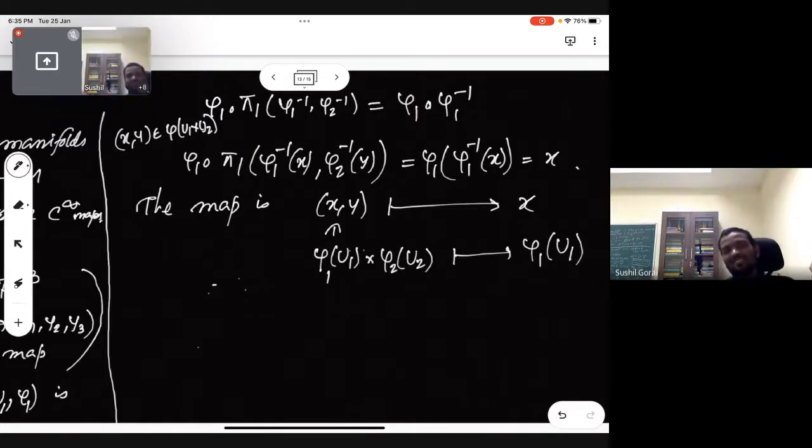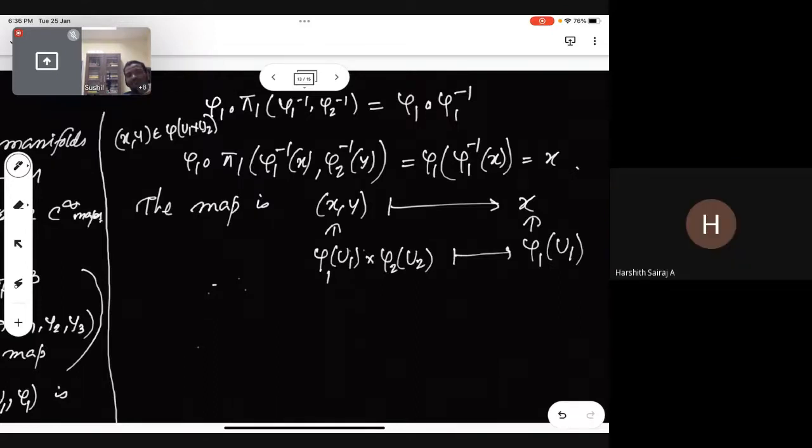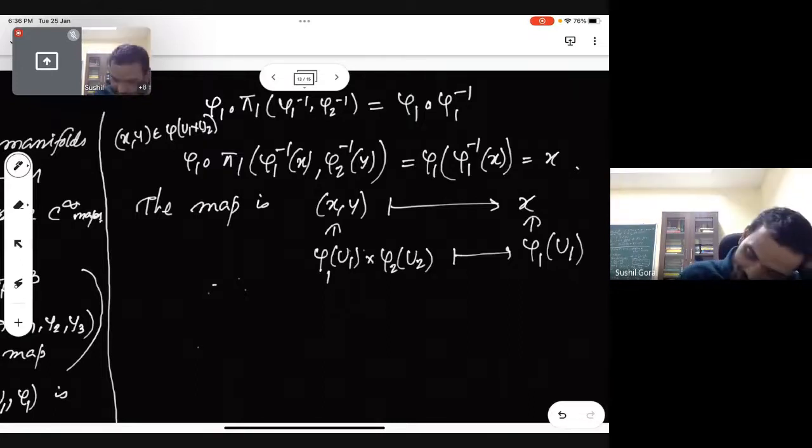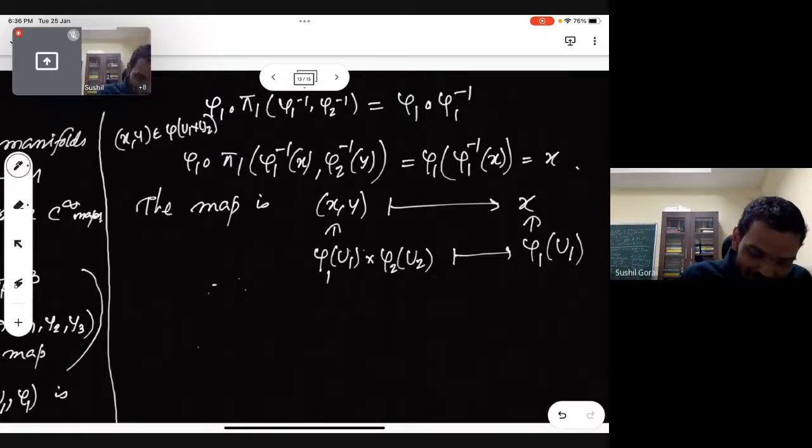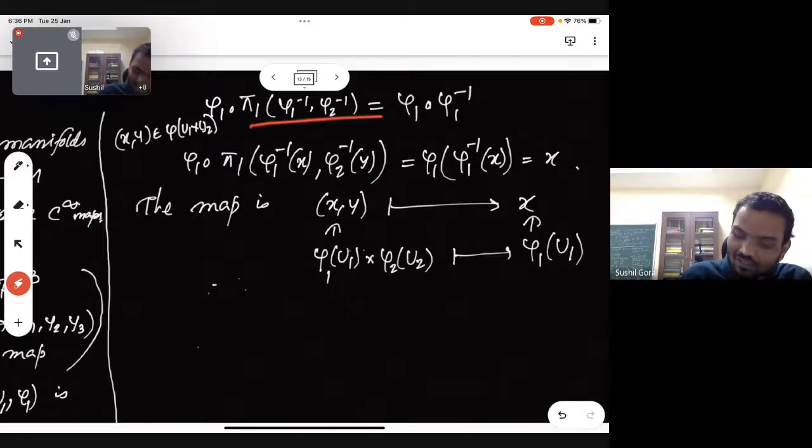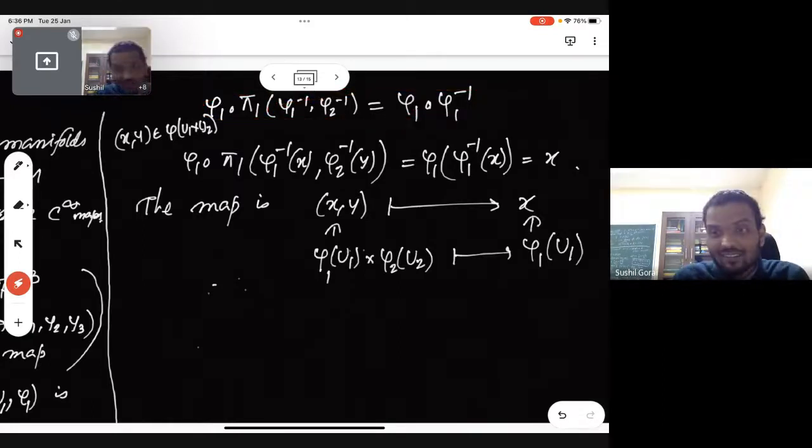Does this make sense? Yes, sir. Okay, so this is what the projection is. Of course, if you write it in this fashion, it will be a little difficult to understand. Identity where? That is a big question.